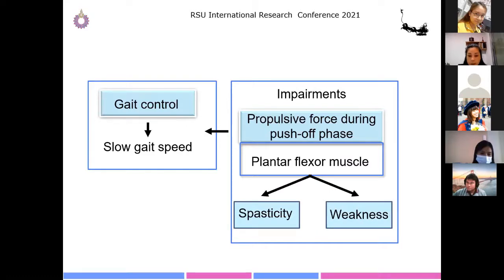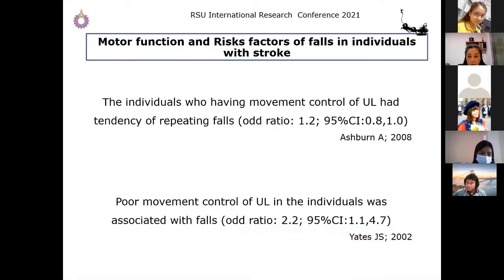Previous studies have shown that impairment of upper limb and lower limb motor function was considered a risk factor for falls. However, the relationship of muscle tone, lower limb control, and ankle plantar flexor strength has not been reported.